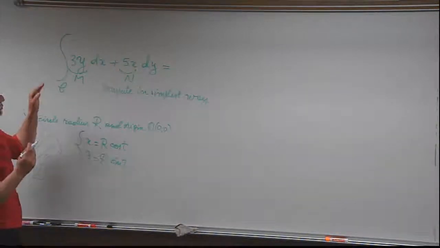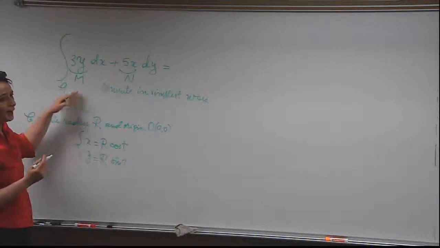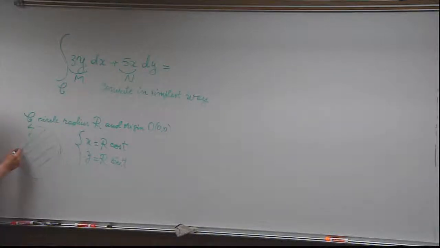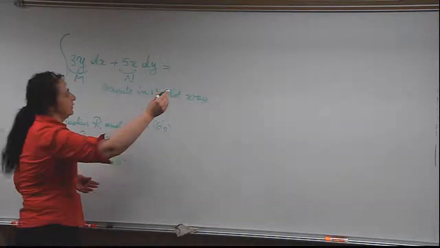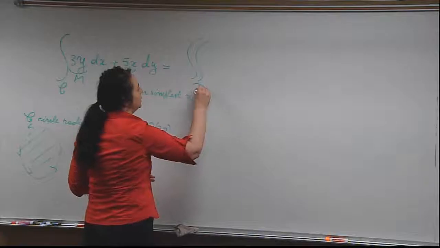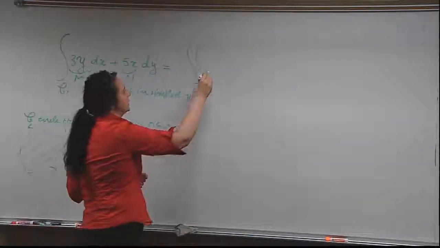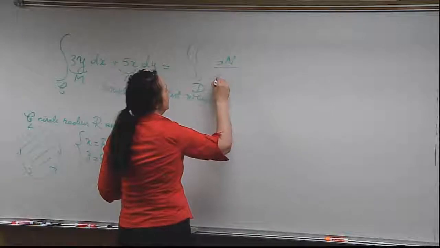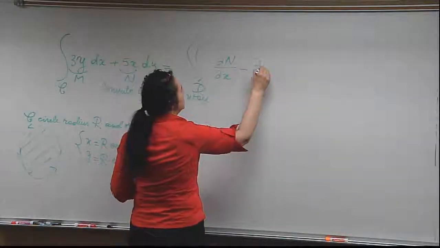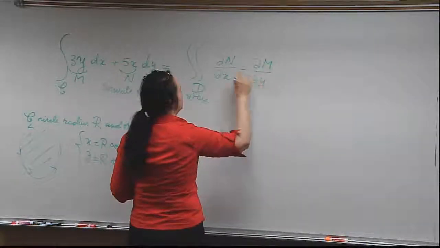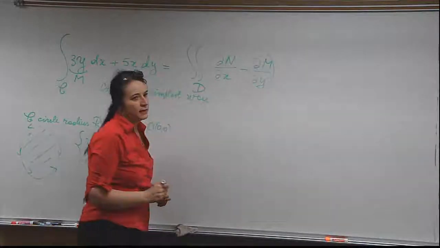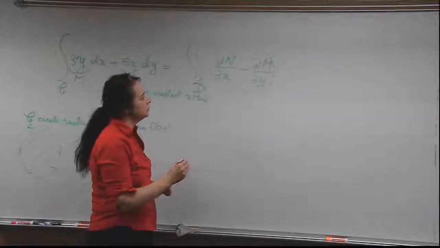So you have a relationship between the path integral along C and the area integral over D, which is of what? It is N sub x minus M sub y. So let me write it in this form, which is the same thing. My students mostly prefer to write it as N sub x minus M sub y.